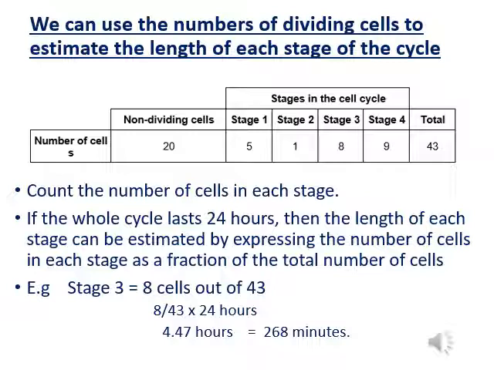So if we do 8 divided by 43 times 24, then we should get an answer of 4.47 hours. And if we times this by 60, we can get it in minutes, which would give us a time of 268 minutes. Don't worry if you're a bit confused by this, because in your booklet you have a step-by-step table which helps you to work this out.